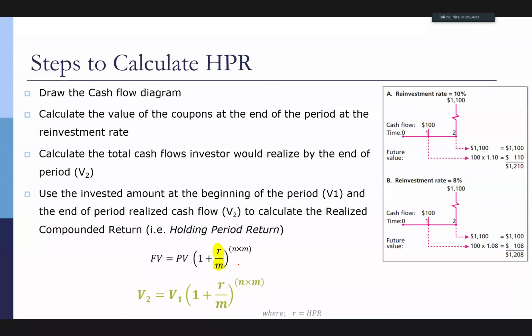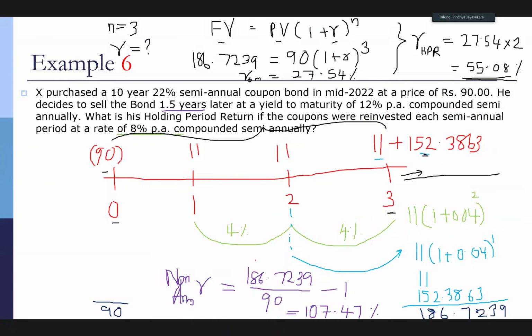R, don't you just multiply it by 2? You don't compound it? You don't compound it, because all of these have been given to you as compounded semi-annually. So to be comparable, 55% is also a compounded semi-annual return. That's the reason. It's for comparability purposes. If you compound it, then what you get is the AER, the effective annual rate.